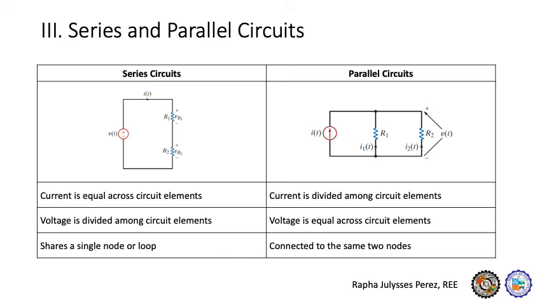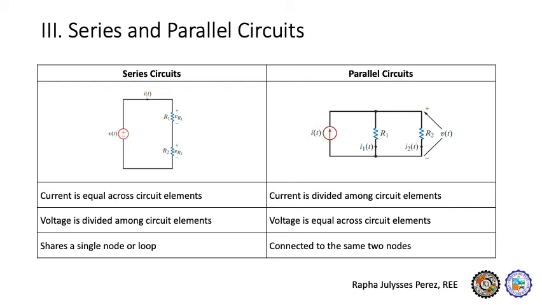As a comparison between series circuits and parallel circuits, we have this table right here. As I said, in a series circuit, current is equal across the circuit elements, while for parallel circuits, current is divided among circuit elements.